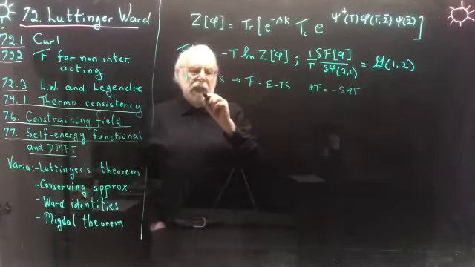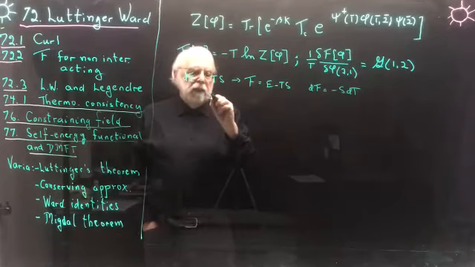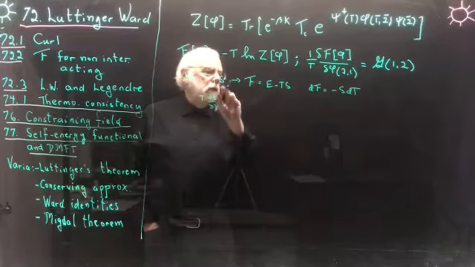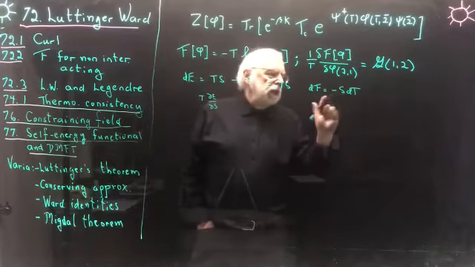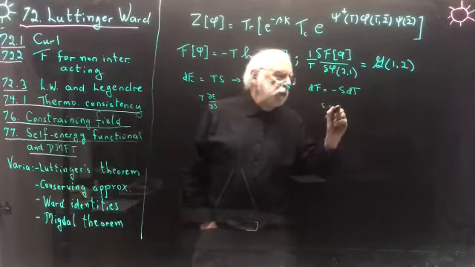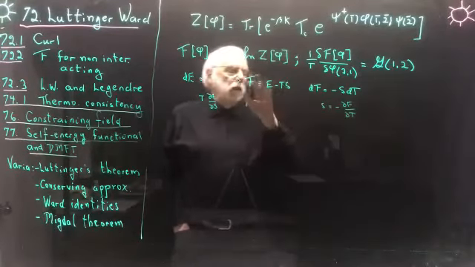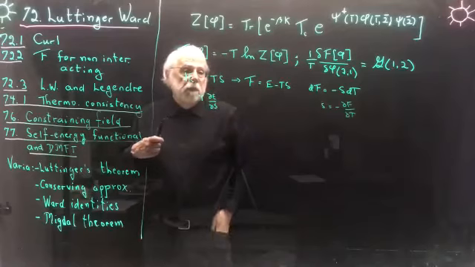So using that T is dE over dS, and this relation, we get this with S equals minus dF over dT. Okay, and that's called a Legendre transform.